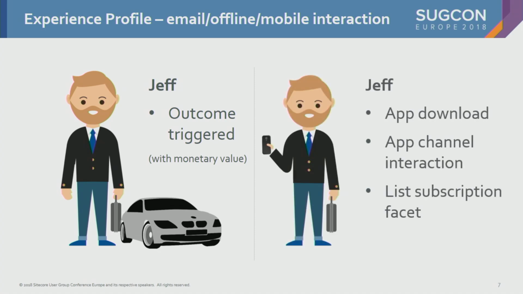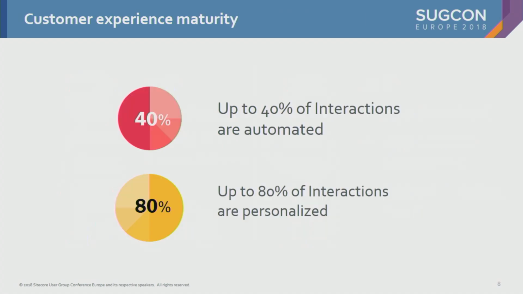And in the end, we have Jeff download the application, and we have him engaged in the mobile app channel. And potentially, we could update list subscription facets during the marketing automation actions, like add contact to the contact list and so on.